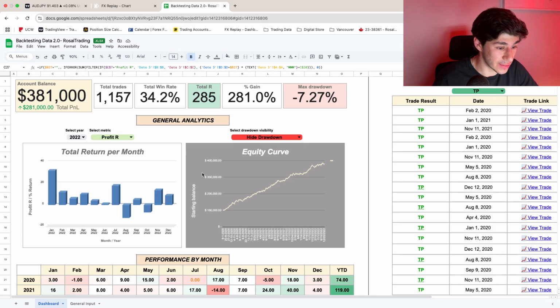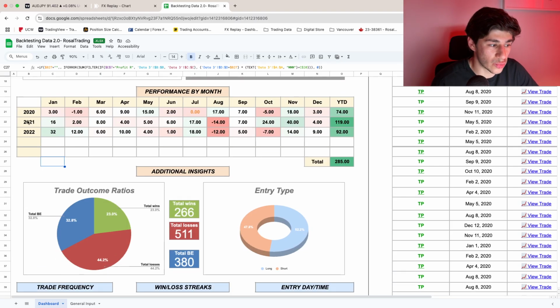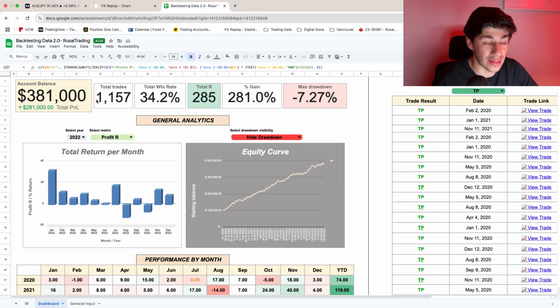In this case, this is what I've collected over 2020, 2021, 2022: almost 1,200 trades, so 1,157. And this is how you analyze your data, and how you make decisions based on data.